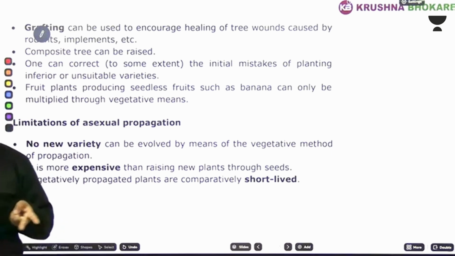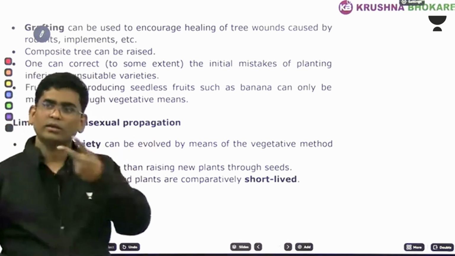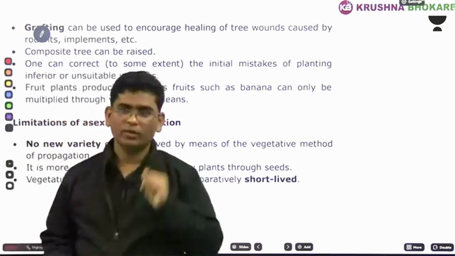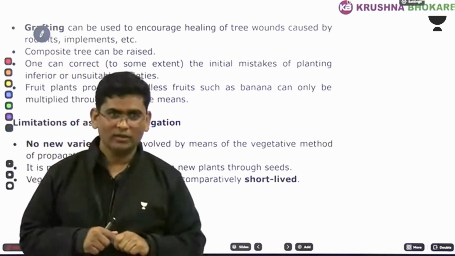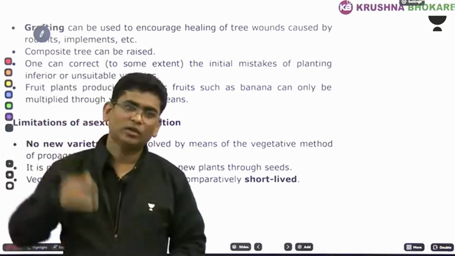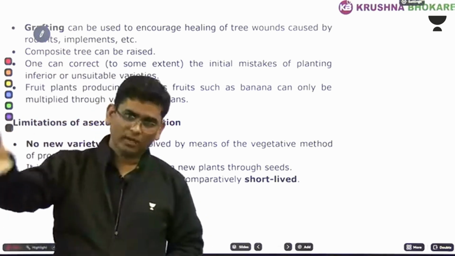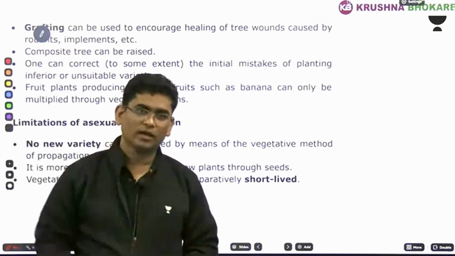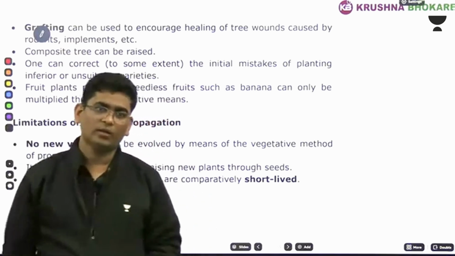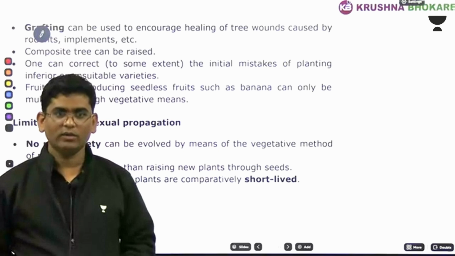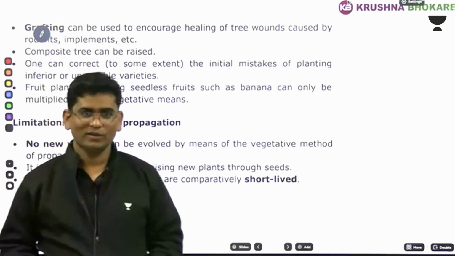Sometimes a newly married couple goes into the garden and the wife sees a very beautiful plant, and just because the plant is looking beautiful, they take that mango plant home and plant it in their garden. After 10 years, that plant is giving small and bitter mangoes.